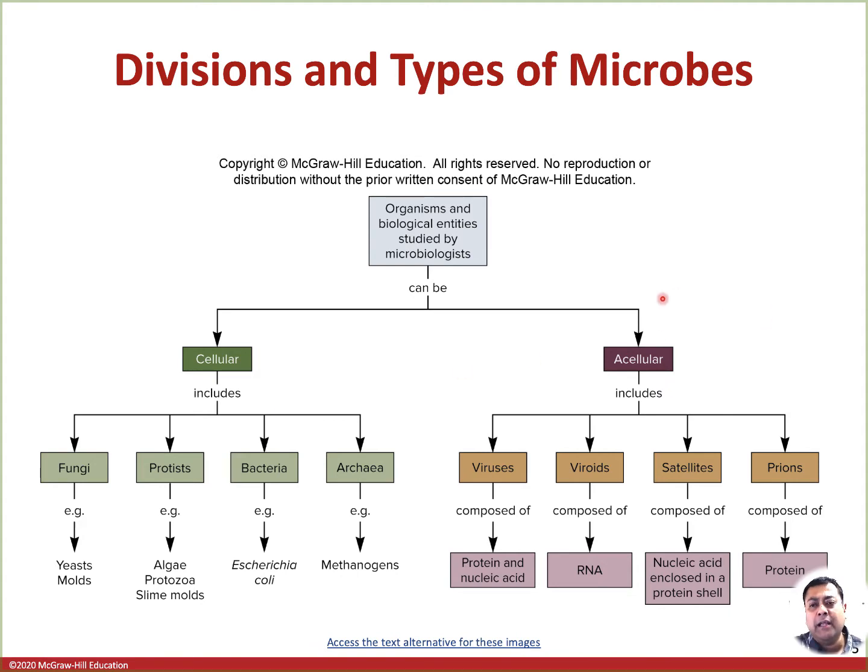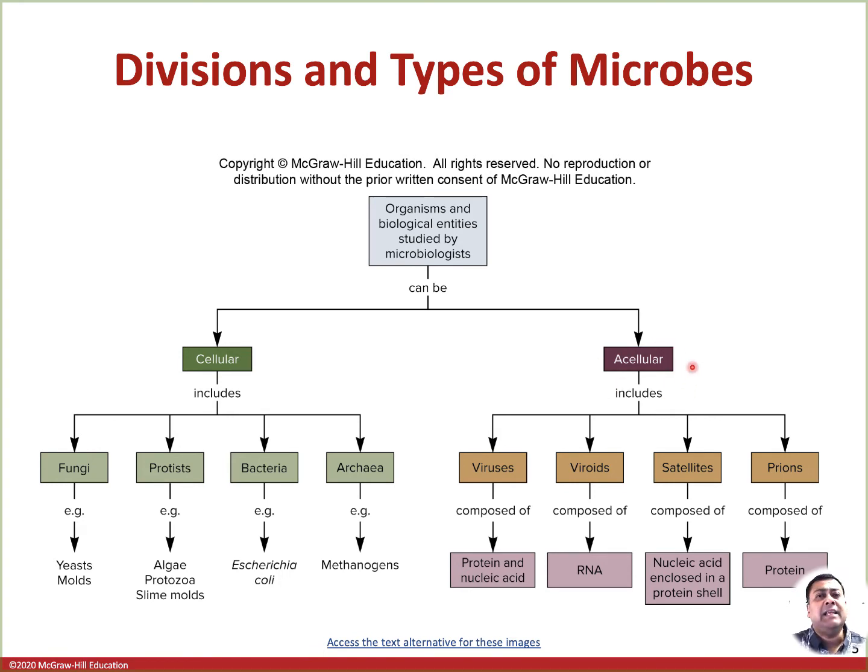On the other hand, if we have an acellular structure, it means they are not a living entity. What do we mean by the living entity? There are two things that we are going to define here. First of all, they do not have a typical cellular structure. They do not have a plasma membrane. They do not encompass a protoplasm or a cytoplasm surrounded by a plasma membrane. That's one of the main things.